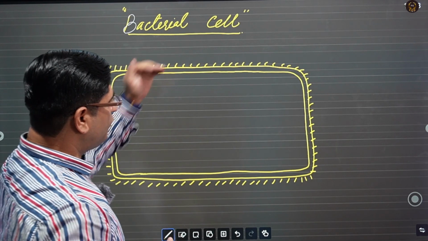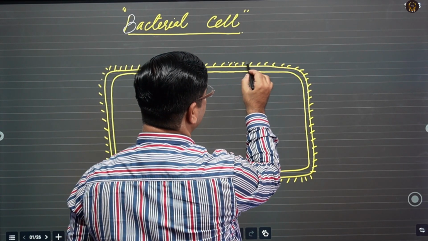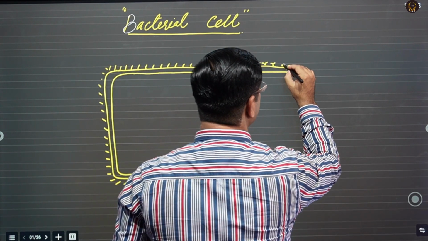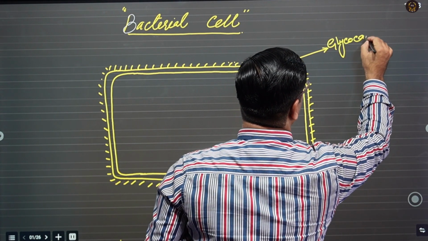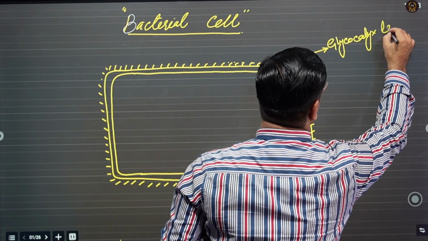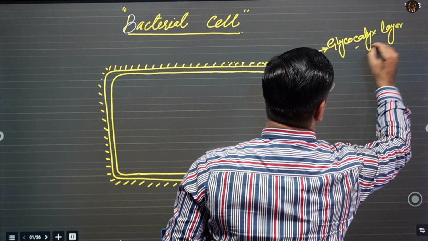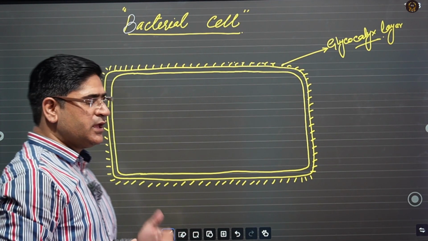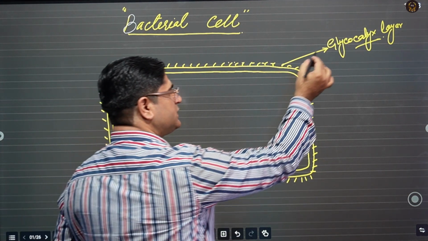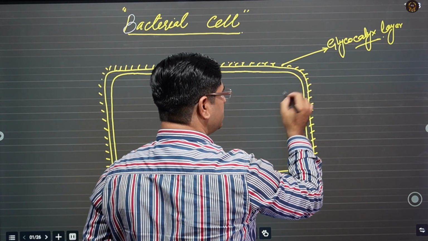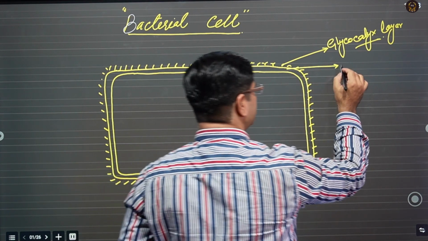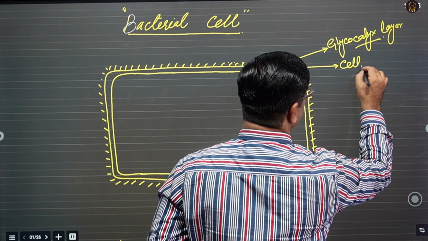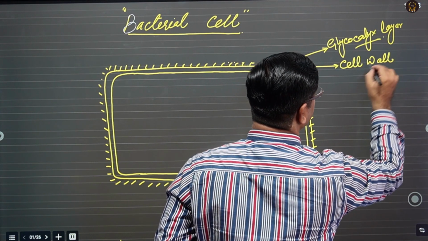The outermost layer of the bacterial cell is called the glycocalyx layer. Inside the glycocalyx layer there is another layer, called the cell wall.